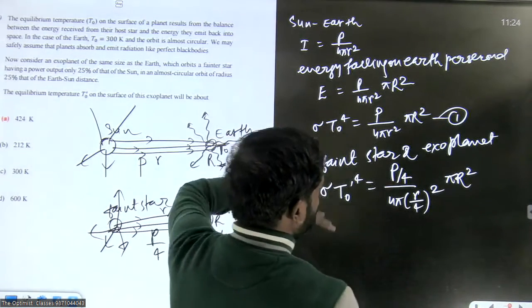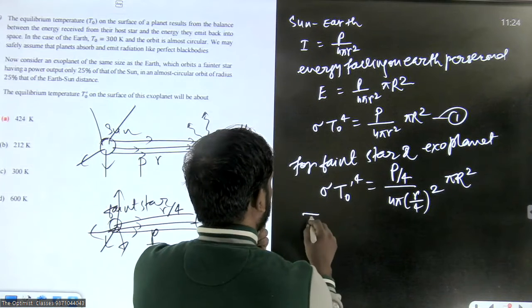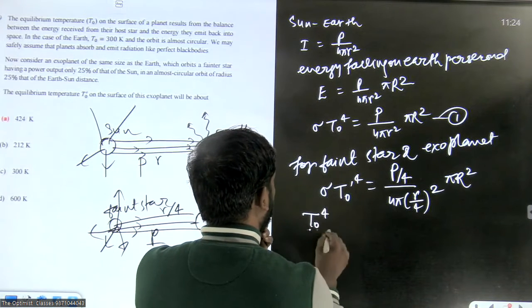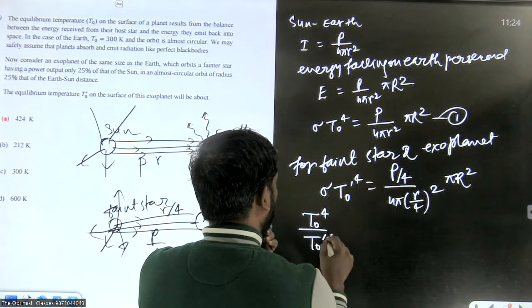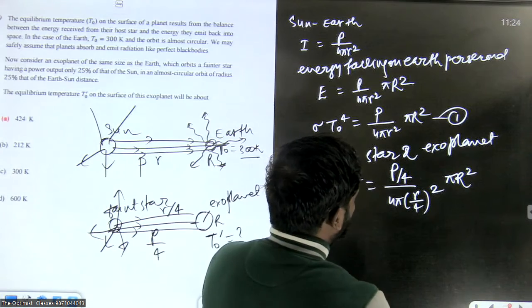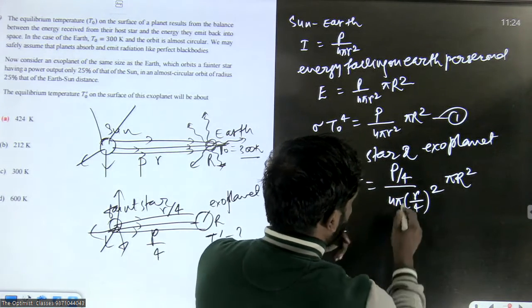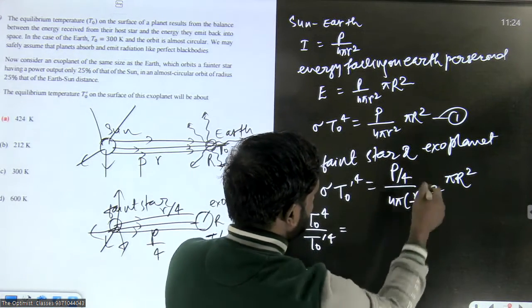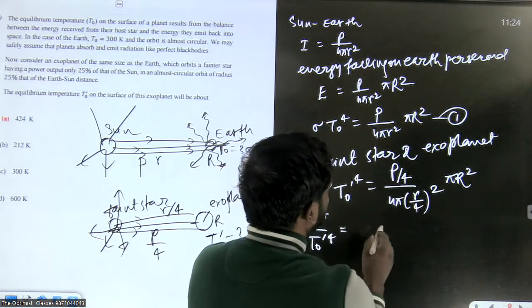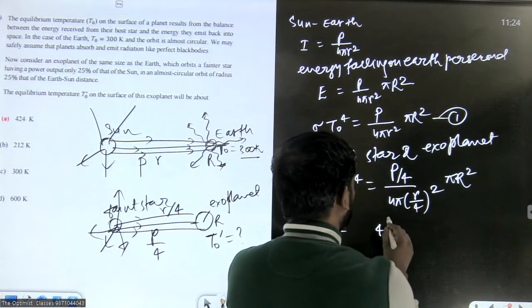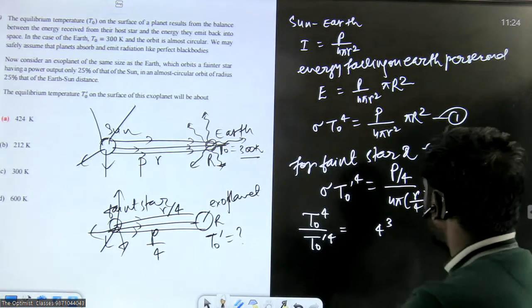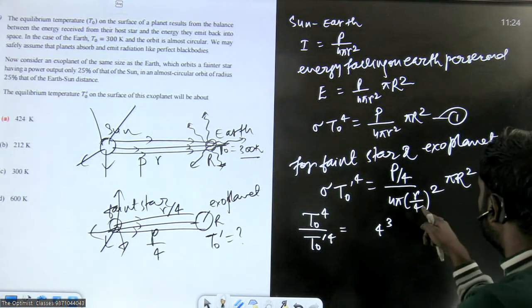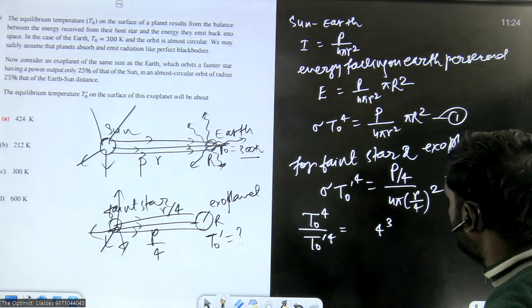So let us divide these two. We get T naught to the power 4 divided by T naught primed to the power 4 is equal to, other factors will cancel out.